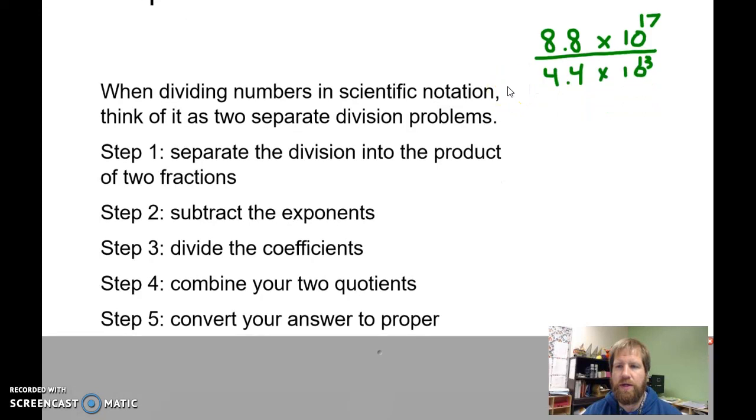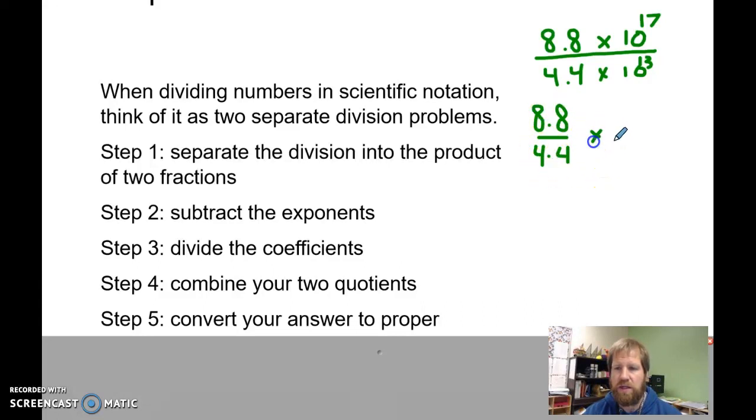All right, and what we're going to do is we're going to actually break this problem into two separate pieces. Okay? We're going to make it two different fractions because it's pretty easy to do 8.8 divided by 4.4. Right? That's a pretty easy division problem.